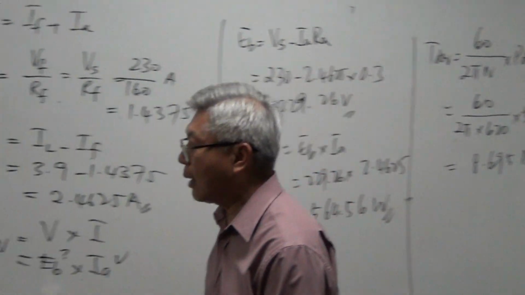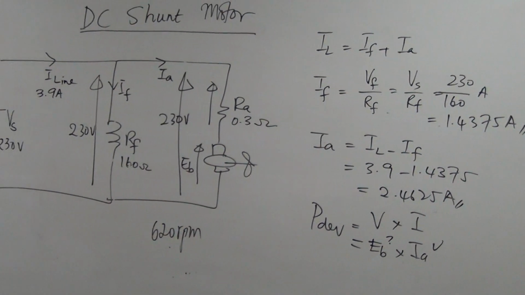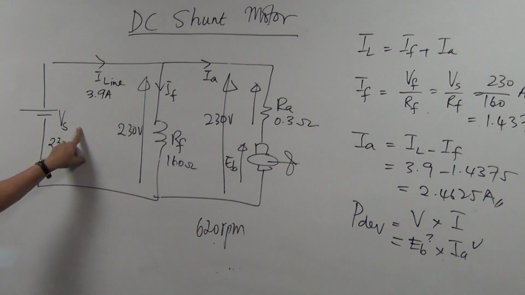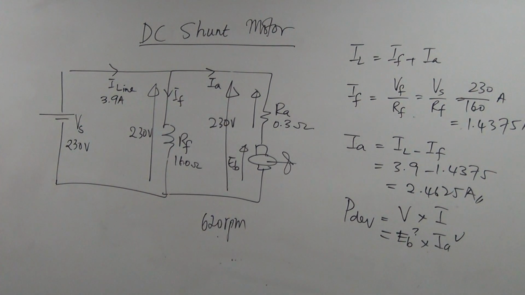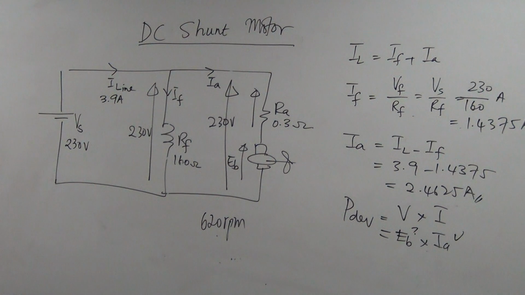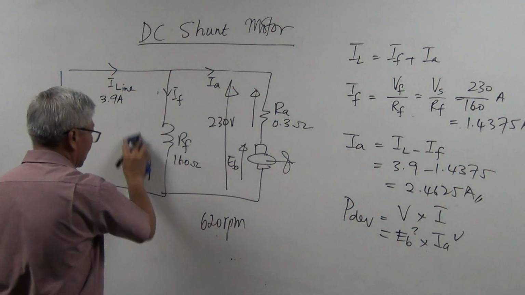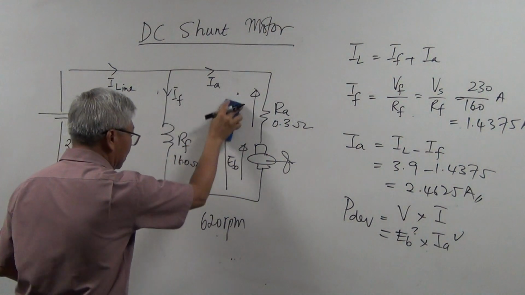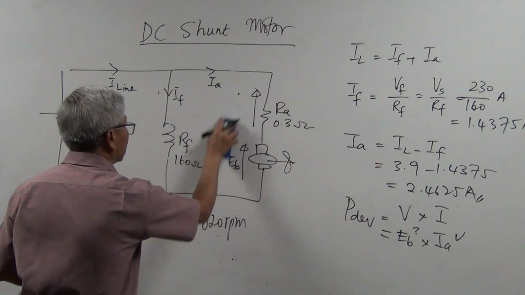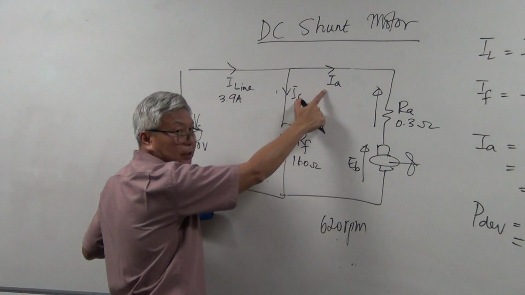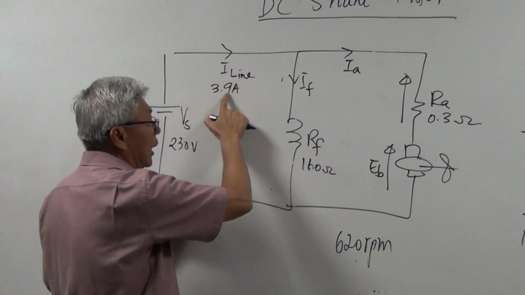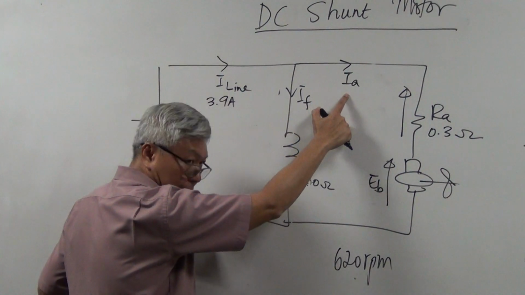Okay, let's now come back to here again. This is a DC shunt motor diagram. And if I were to ask you again, as a summary, would you be able to give me a relationship between the three currents? Yes. IL equals IF plus IA.